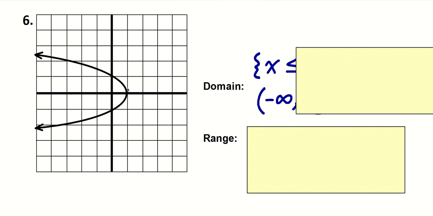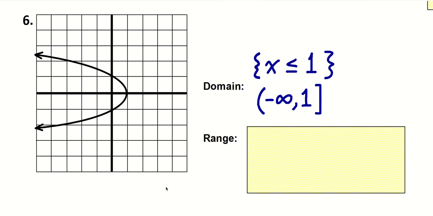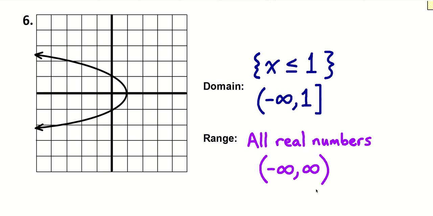It's never going to go any farther to the right than this spot. And what is the x-coordinate there? What's the largest x-coordinate on this graph? Positive 1. Now the range, because this sideways U is going to keep opening up and down, going up forever, down forever, there is no lowest point and there is no highest point. It's going to include all real numbers.